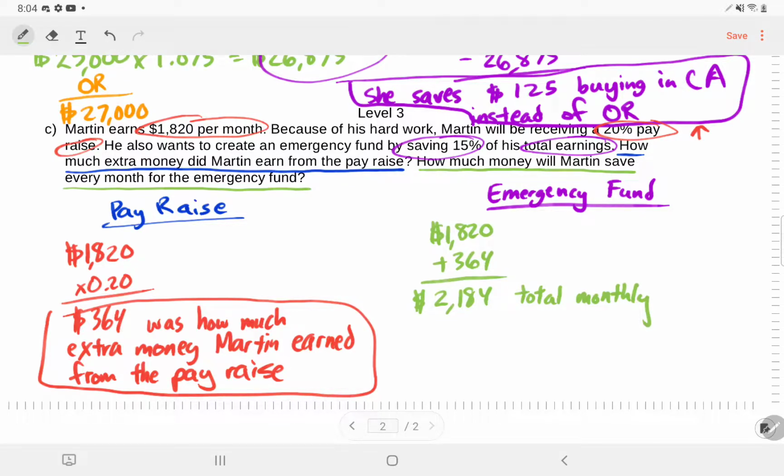And we're going to multiply that by 15% because we want to find how much he is saving every month from his total earnings.